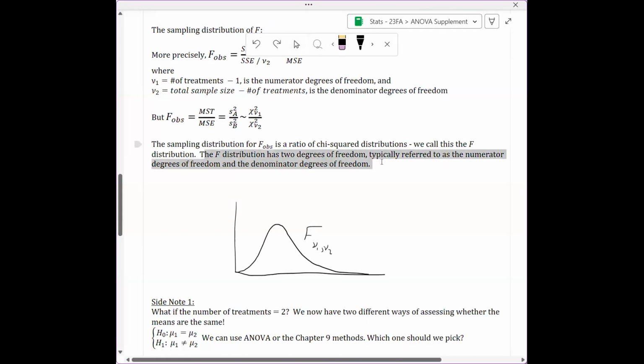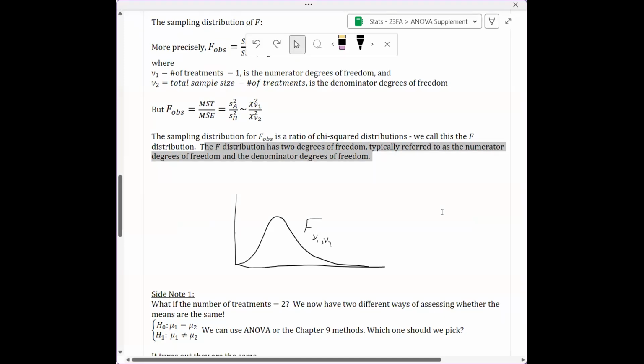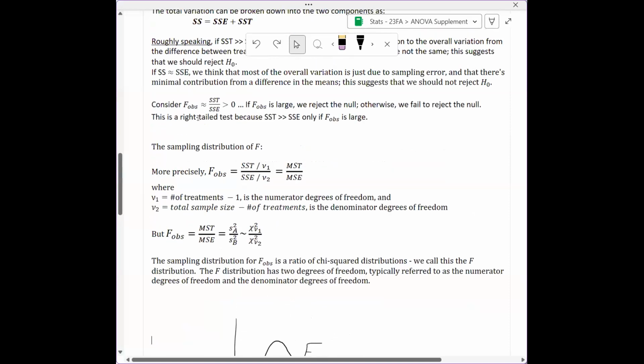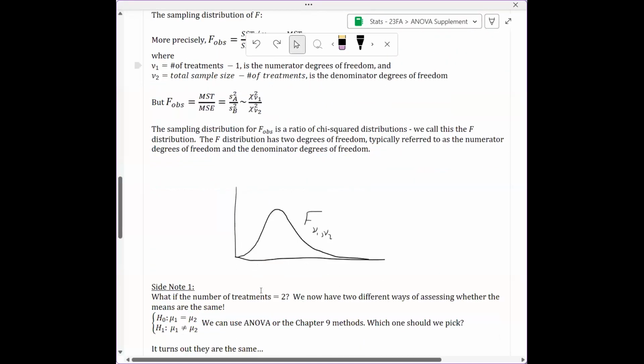So the F distribution, again, has 2 degrees of freedom, typically referred to as numerator degrees of freedom and denominator degrees of freedom, nu1 and nu2. And as a ratio of chi-squareds, it actually looks kind of like the chi-squared. It is a non-negative distribution, again, because of this. And it's right skewed. So the rough shape of it looks more or less like a chi-square distribution.